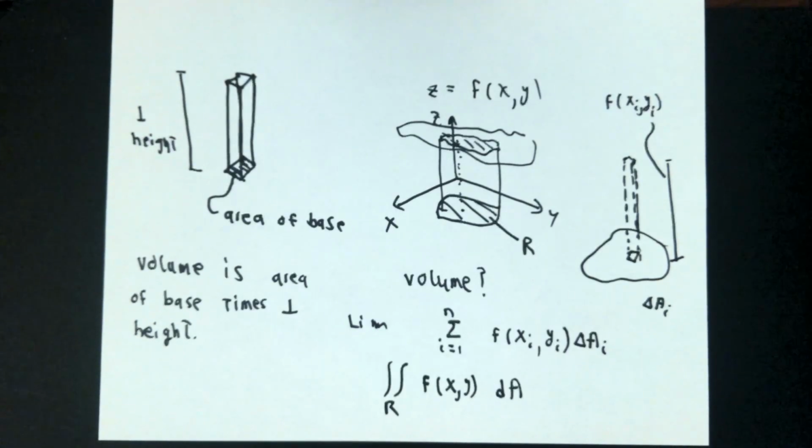If function f is sometimes positive and sometimes negative, the same idea as before holds. The double integral will be the volume above the xy plane minus the volume beneath. If we stick to functions that are positive for the xy's we're interested in, then that's not a problem for us.